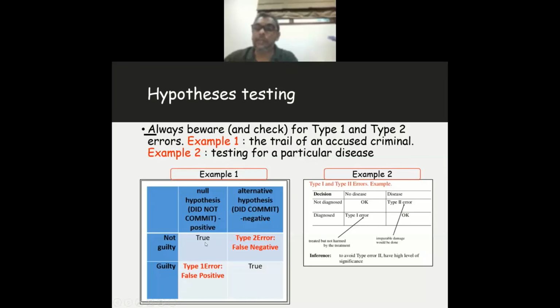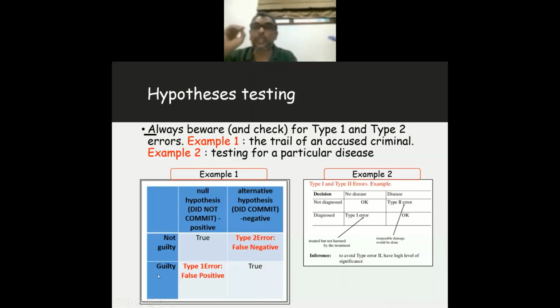When we catch the person, he could be guilty, but he did not commit the crime. We caught a suspect, but he did not commit that crime. So he is in a type 1 error, a false positive.